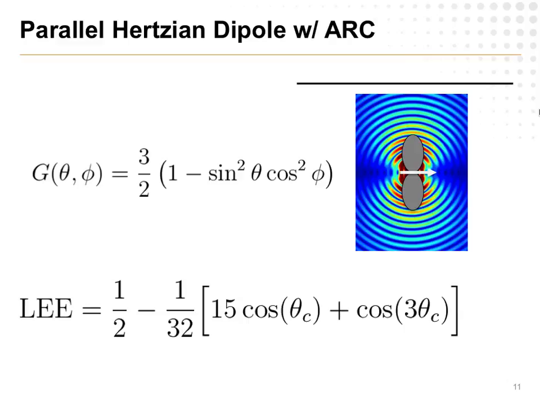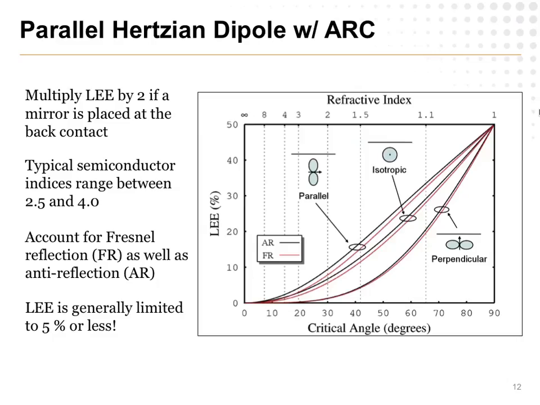If by some fluke, the p-n junction and all the band gaps are arranged in such a way that when those electrons and holes recombine, they preferentially have a current that's horizontal instead of vertical, you can get more energy to come out through that escape cone rather than less. That's something I've never really seen people do deliberately, but it is a thought in the back of your mind that it can be accounted for. So you get another closed form solution, and that's fine. And this is really what they look like at the end of the day.